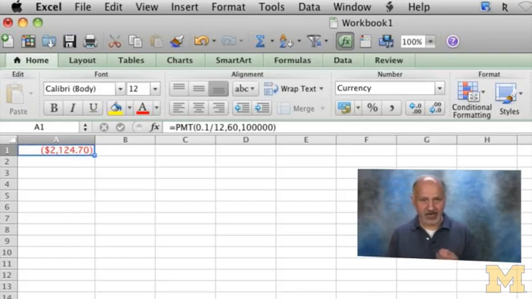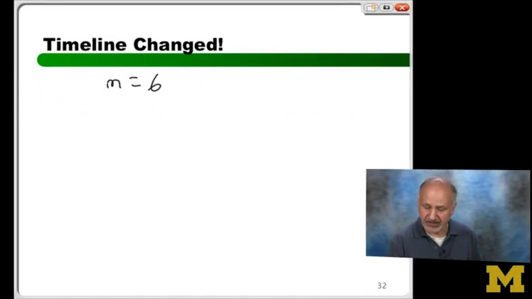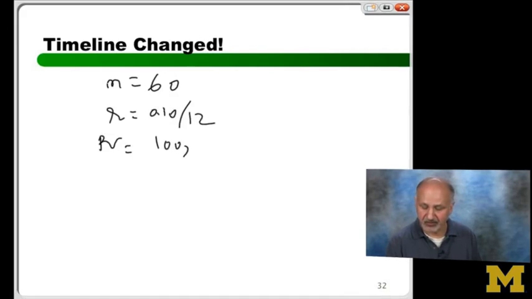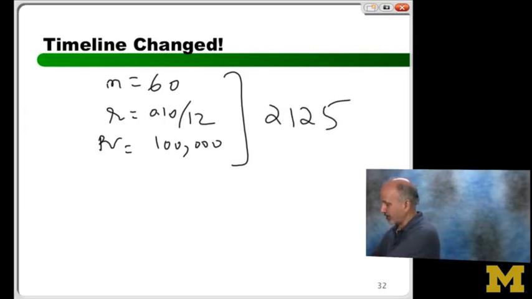So you see what I've done? I've just simply taken the fact that I know that I can mess with the timeline. So I've made N 60. I have made R 0.1 divided by 12, and my PV, the amount of loan, was 100,000. And I came up with, I believe, 2125. Let me just double check that the number is right.